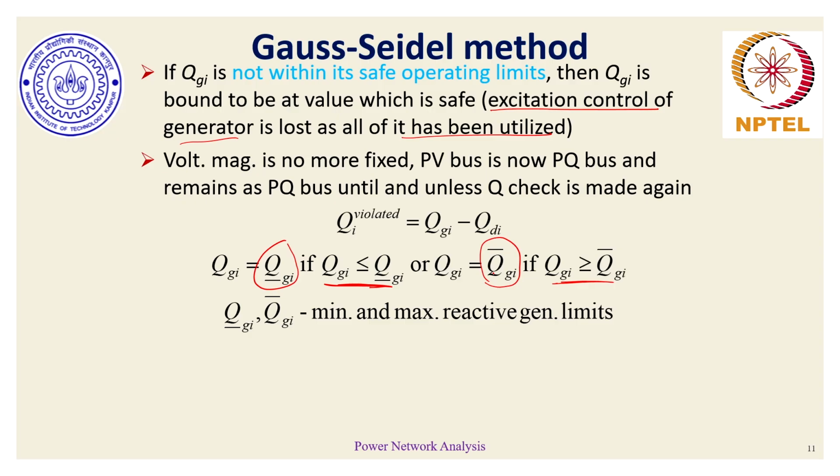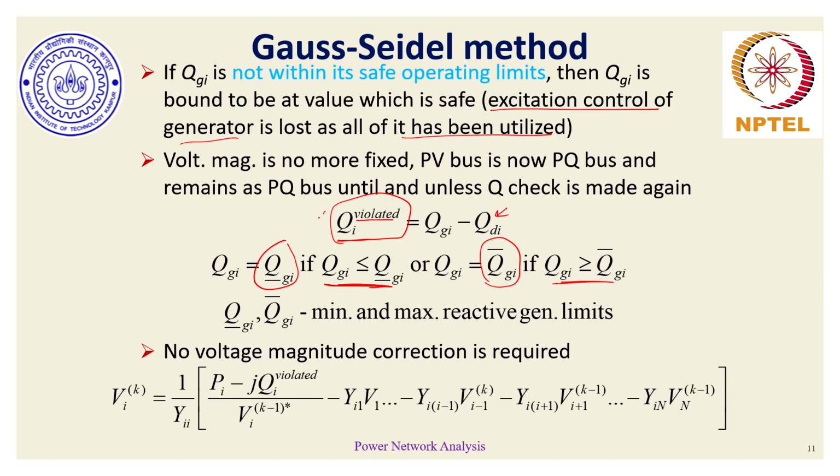Once the QG value has been capped, depending on whether demand is connected to the PV bus or not, we can find the injection at this bus, which is trying to become a PQ bus. For a PQ bus, Q has to be known. So we call this QI violated, because the reactive power generation limit has been violated. So PV is now becoming PQ.